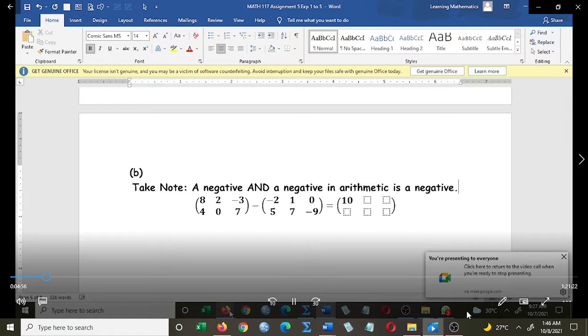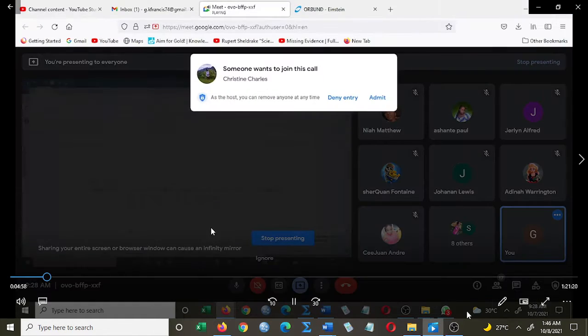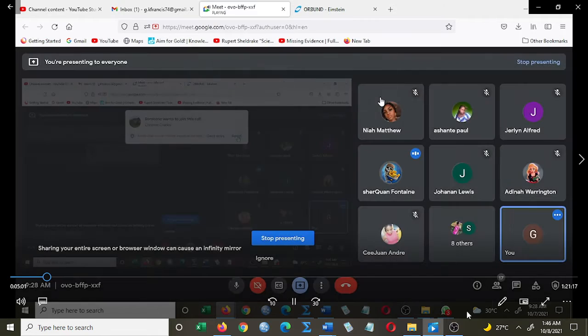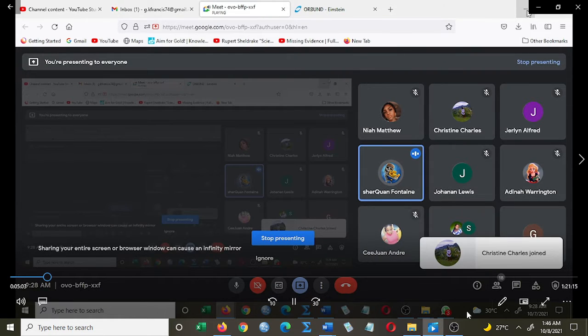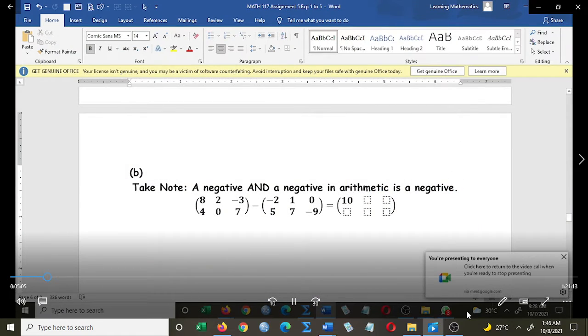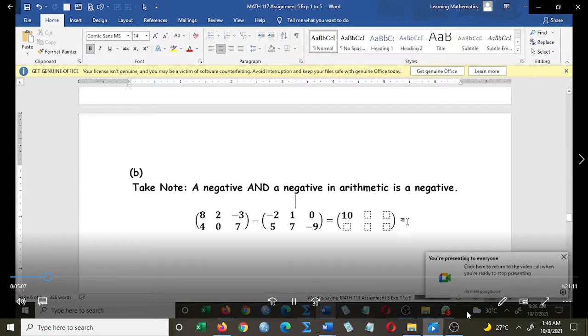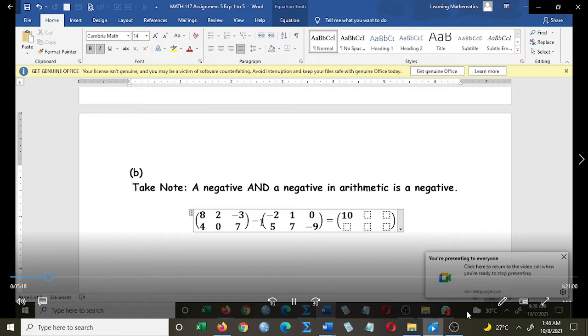Now what were you saying, young man? It is positive 10 because it's two of the same signs, so you add. You understand what you're saying, but will somebody else understand what you're saying?